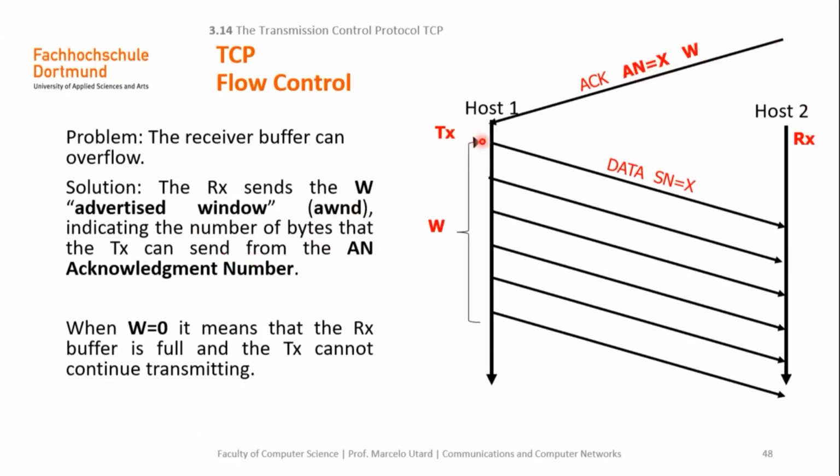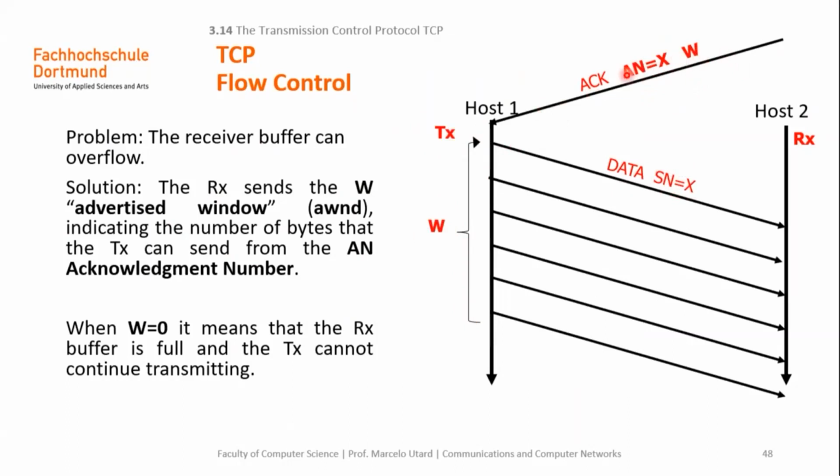That's why the transmitter could send, starting at this sequence number, a total amount of W bytes without receiving an additional window, because remember that the ARQ, the automatic repeat request, uses the concept of a sliding window.